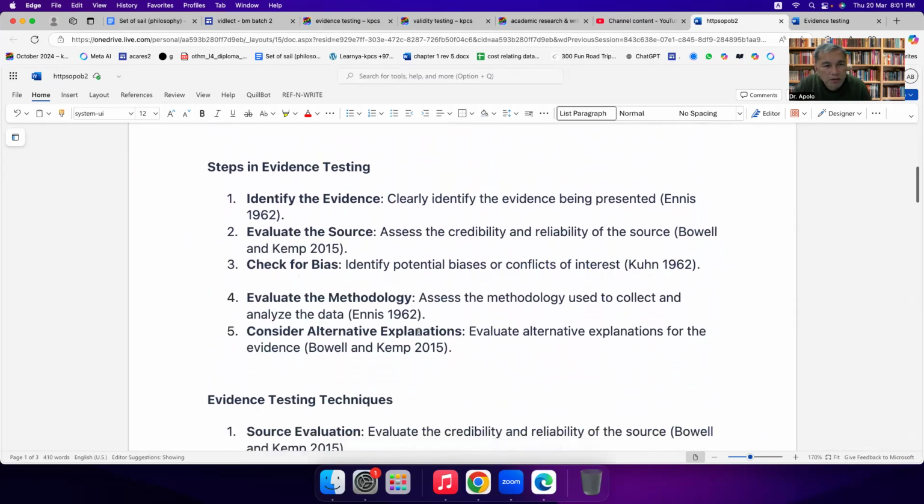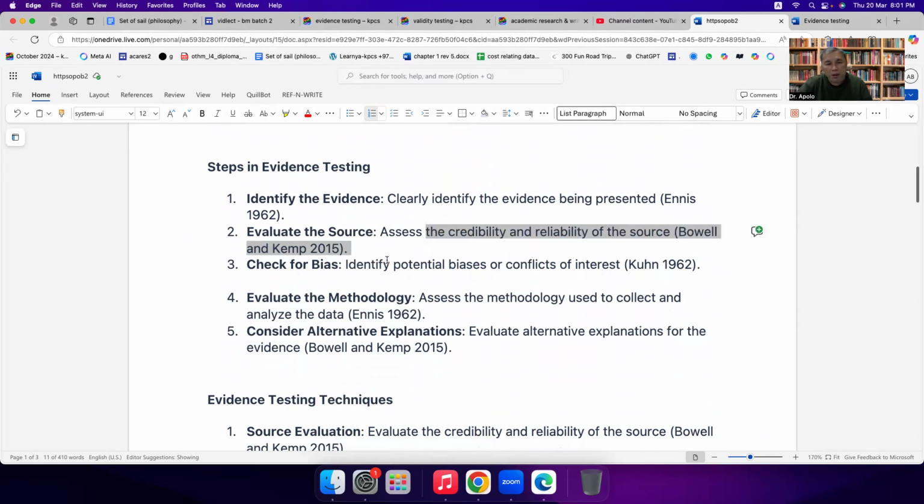Steps in evidence testing. Identify the evidence: what is the evidence we're going to evaluate, being presented. Work only on the one that is presented. Then evaluate the source: assess the credibility and reliability of the source, for example the writer, the person who made the claim.